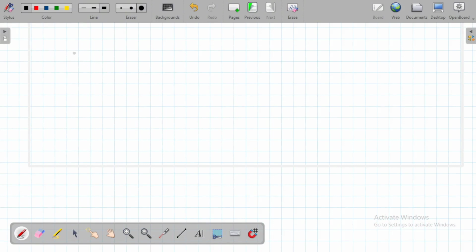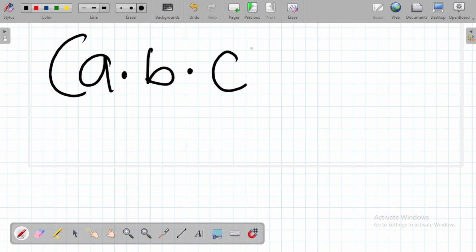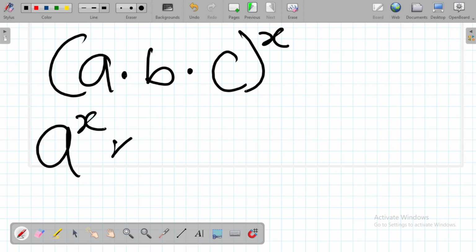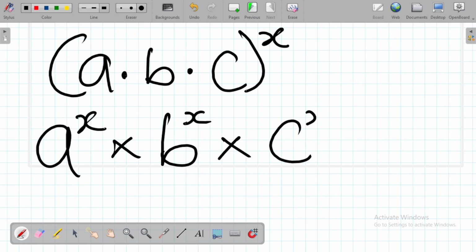If we have a multiplied by b multiplied by c all raised to power x, how do we solve this? Each of the terms inside the brackets will take the power. So we have a raised to power x multiplied by b raised to power x, and then multiplied by c raised to power x.